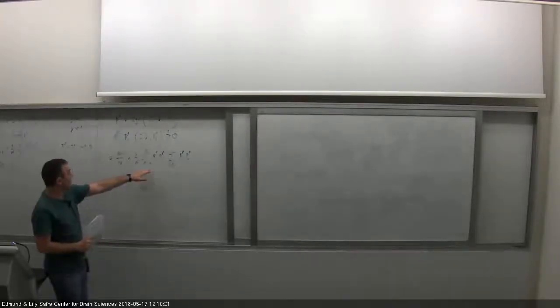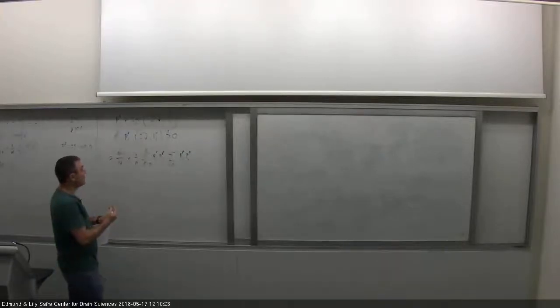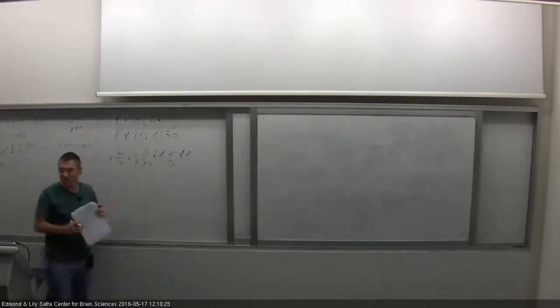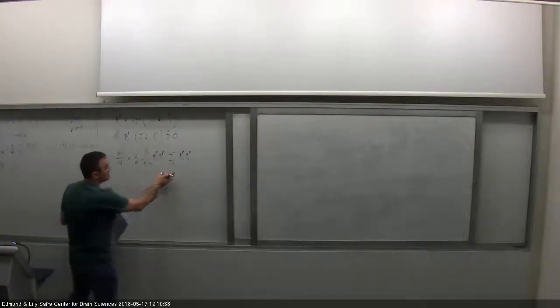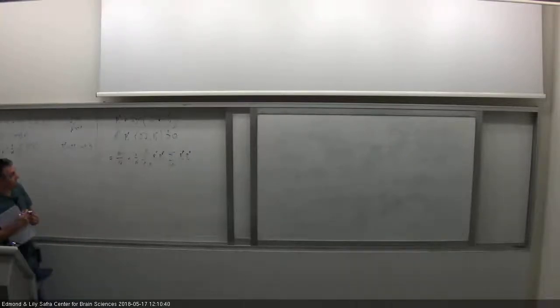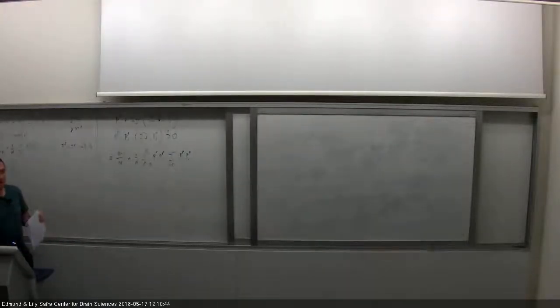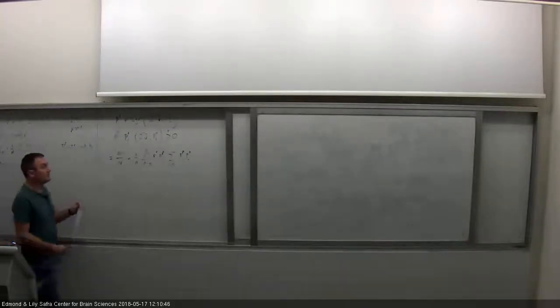So what can we say about the distribution? Well, before that, any questions? Is this point clear? So what can we say about this term? How many elements are there here?